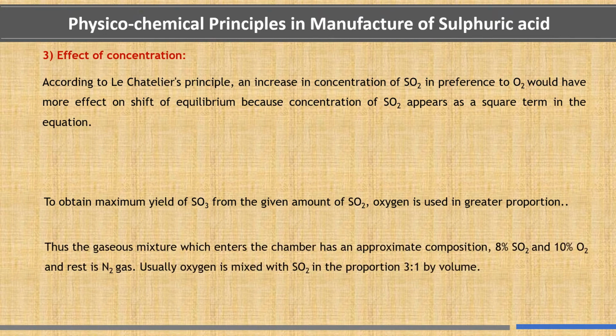Thus, the gaseous mixture which enters the chamber has an approximate composition of 8% SO2 and 10% O2, and the rest is N2 gas. Usually, oxygen is mixed with SO2 in the proportion 3:1 by volume.